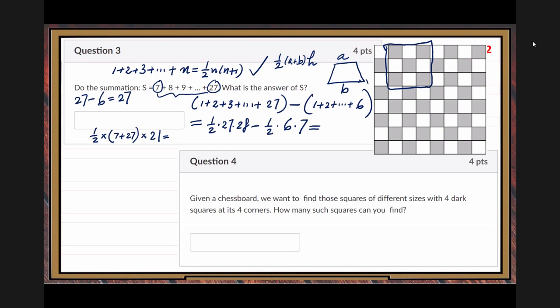Here, we consider size 3 by 3. How many can you find horizontally? 3 by 3, the next 3 by 3, then the last 3 by 3. Horizontally, you get 3.